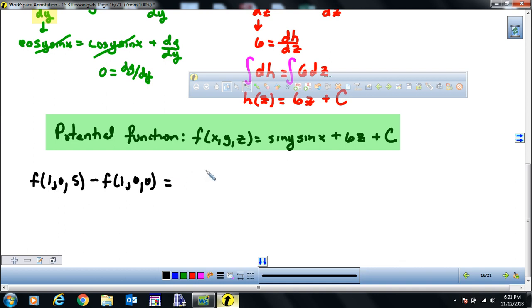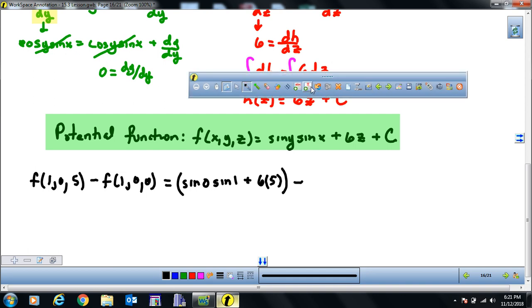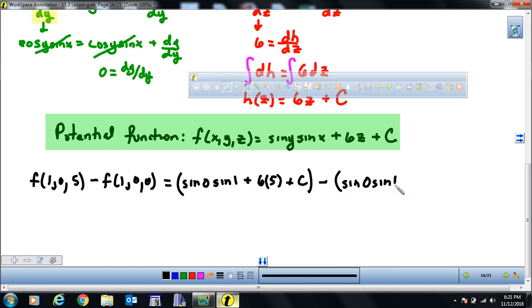That is equal to sine of 0 sine of 1 plus 6 times 5, minus, I forgot one thing, if you can see what I forgot, plus c, minus, now evaluated at (1, 0, 0), sine of 0 sine of 1 plus 6 times 0 plus c.